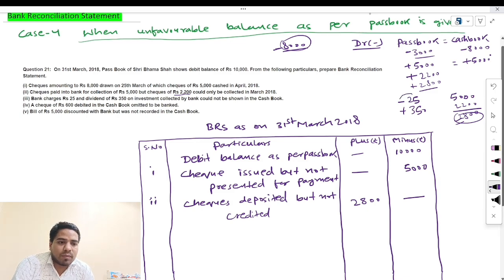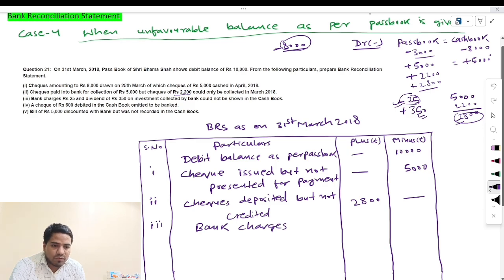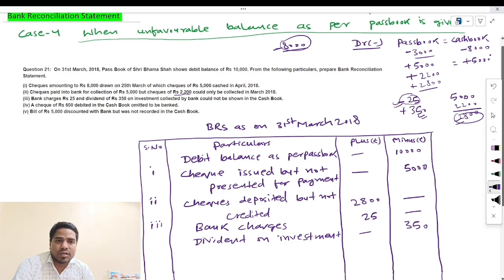So this balance we have to add to the passbook, and this balance we have to minus from the passbook. We will write here bank charges. How much was the amount? 25 rupees we have to add here, and dividend on investment, 350, we have to minus, because in the passbook we can only change.